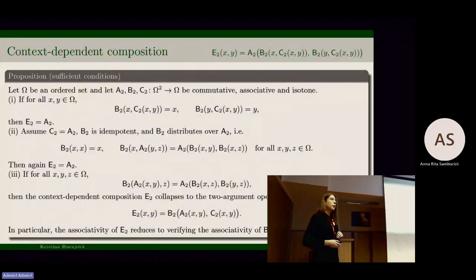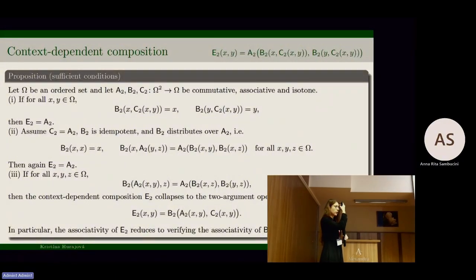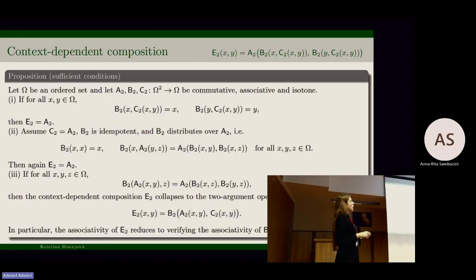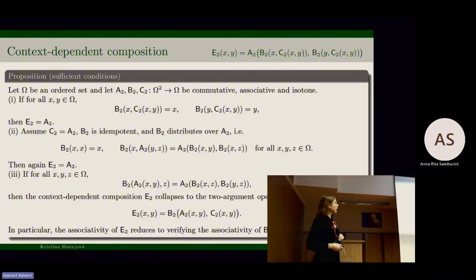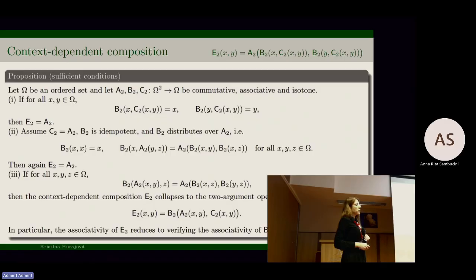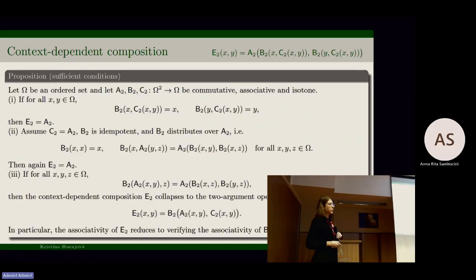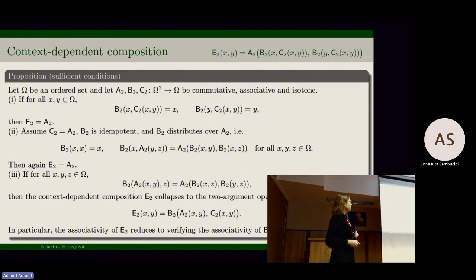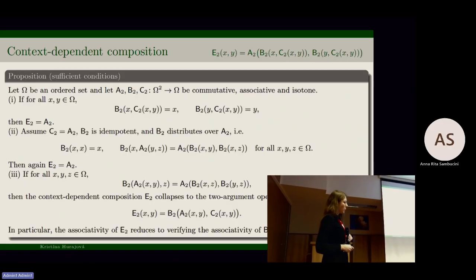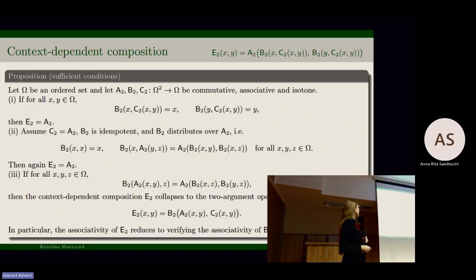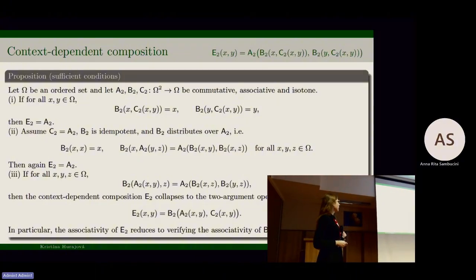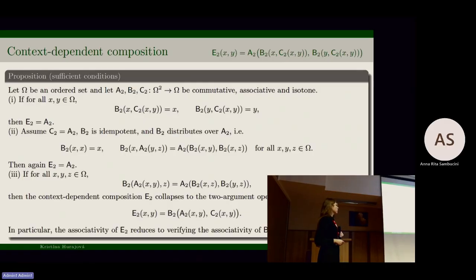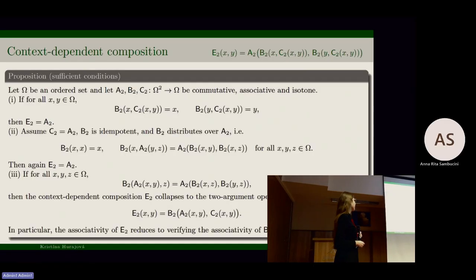Besides the pointwise composition, we look at the context-dependent composition. In this construction, the aggregation of one input depends on the other as well. In general, this construction doesn't preserve the PIF property, but this proposition shows simple sufficient conditions under which it does. In many cases, this construction collapses into a simpler operator.